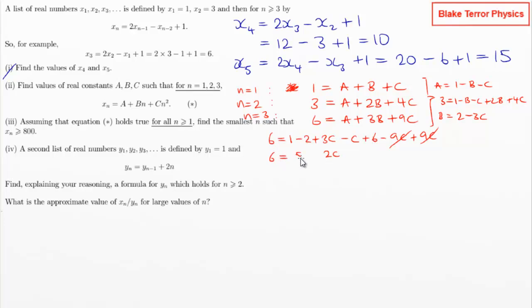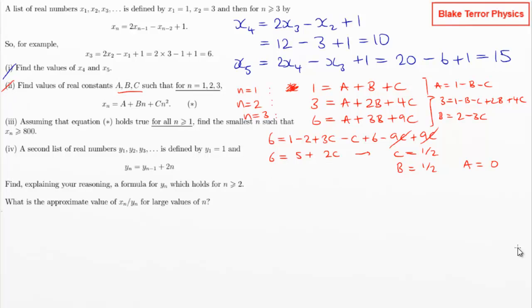So 6 is 5 plus 2c. So that means that c is a half, which means that b is equal to 2 minus 1.5, so that is a half. And a is equal to 1 minus a half minus a half, 0. So there we go, we found a, b, and c.